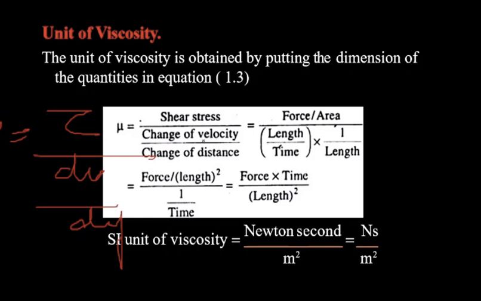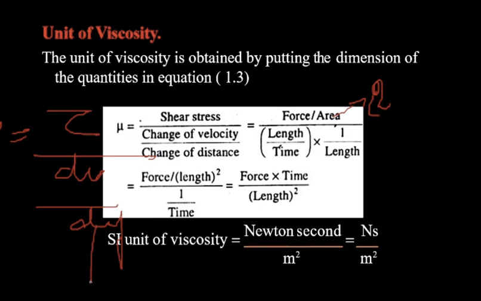What is the change of velocity? Change of velocity is nothing but length per time, and dividing by distance gives 1 by time. Area is L square. So force divided by L square divided by 1 by time is equal to force into time by length square.